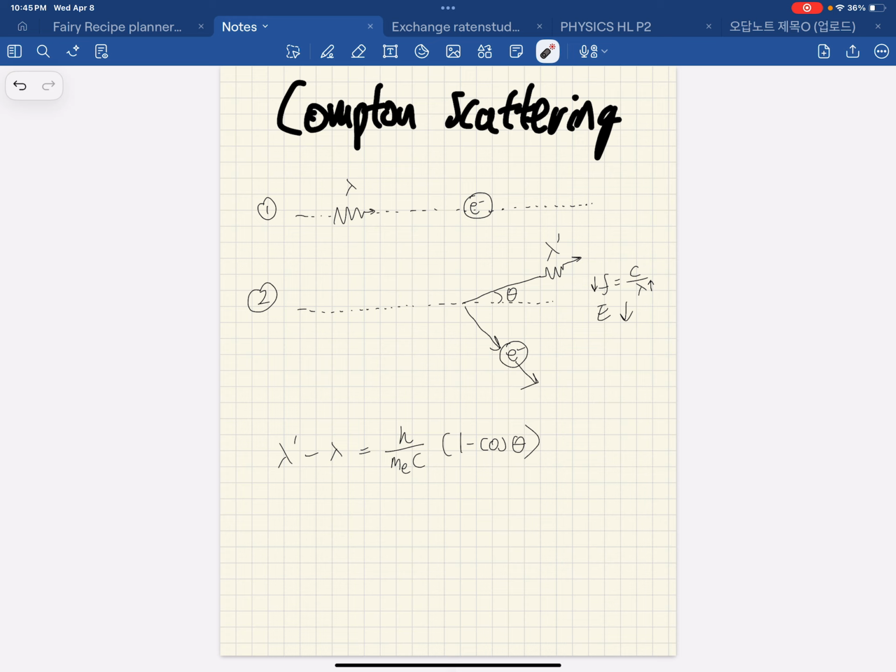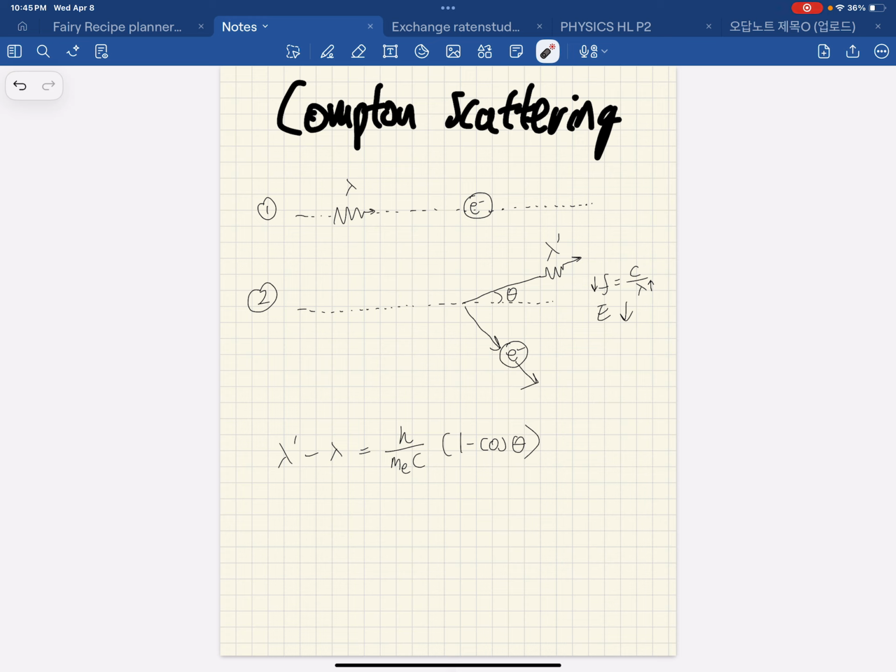And the electron gained velocity, meaning that the electron now has an increased kinetic energy. Another interesting thing scientists observed was that when they measured the wavelength of this scattered light over here, let's call this wavelength prime, they found that the wavelength had actually increased.